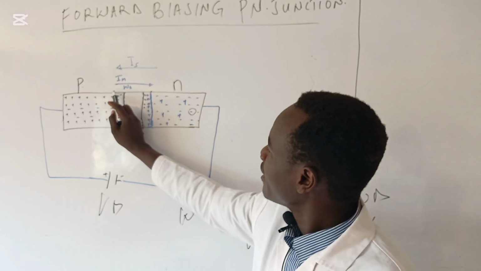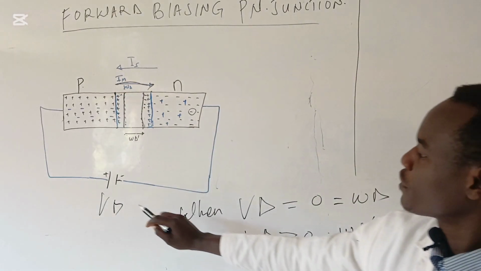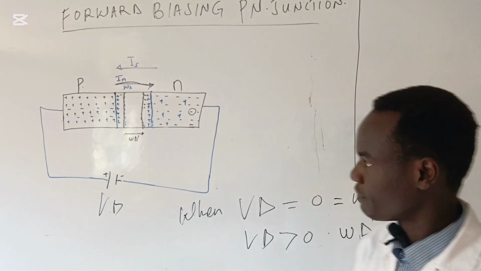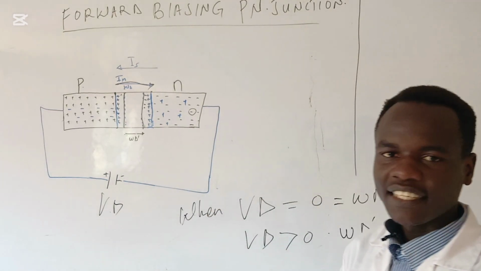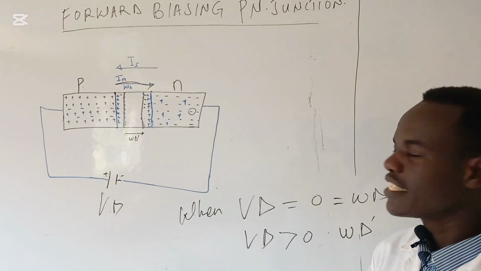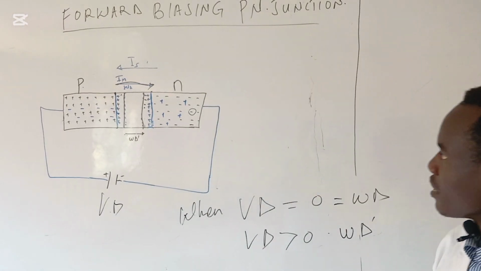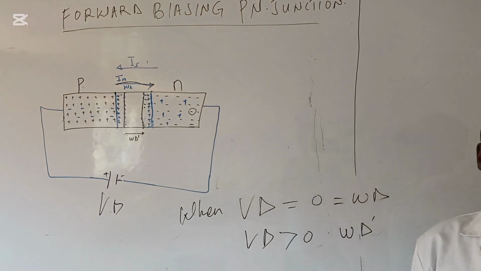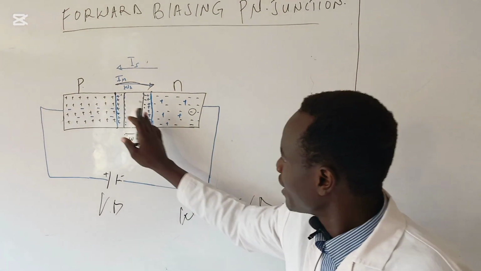We have the diffusion current previously without the VD voltage. Also, we had the saturation current, the current due to the minority charge carriers. That is IS.